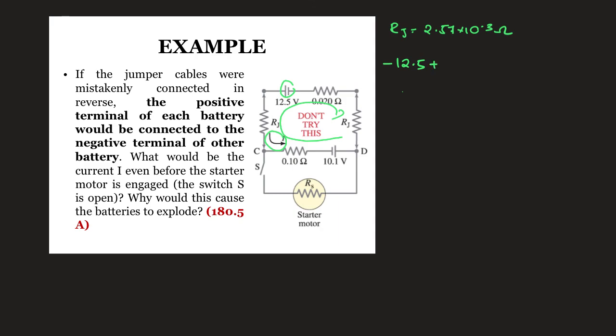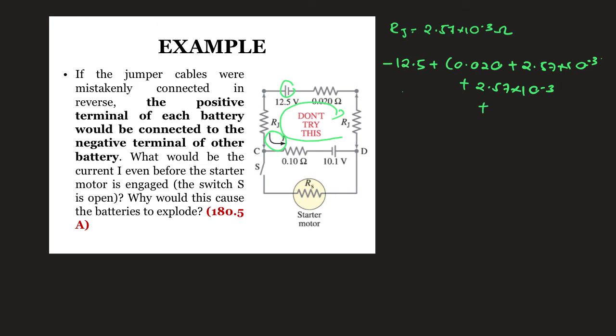So it's going to be positive 0.020 plus 2.57 times 10 to the power of negative 3. Sorry, this one I forgot to include. So plus this 2.57 times 10 to the power of negative 3 I. And then sorry, I forgot to insert the 0.10.